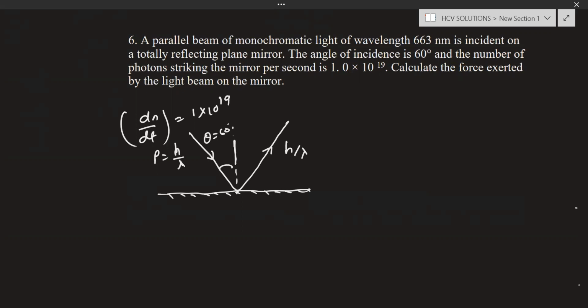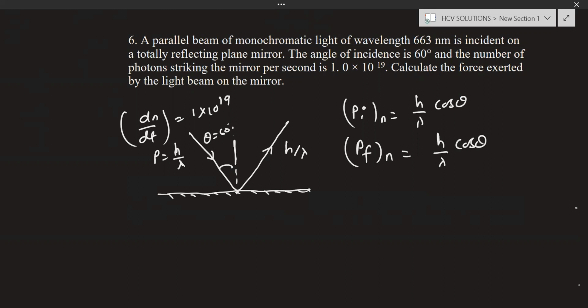The initial momentum in the normal direction is h by lambda cos theta, and the final momentum in the normal direction is h by lambda. Momentum is a vector quantity, so we write this as downward here.